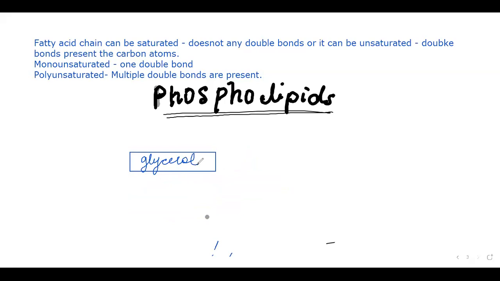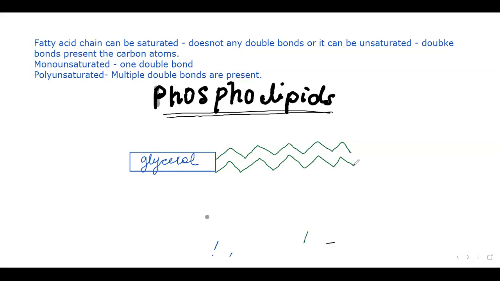The difference is that the number of fatty acids is only two. In phospholipids, there are only two fatty acid chains. That's it. Not three. Triglycerides have three. That's why their name is triglycerides.